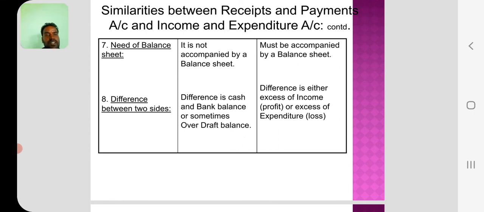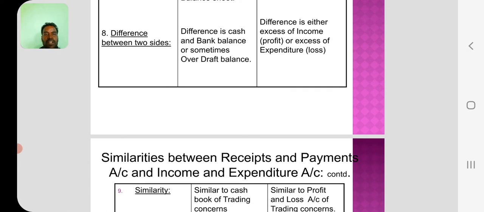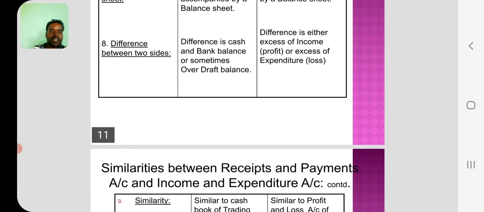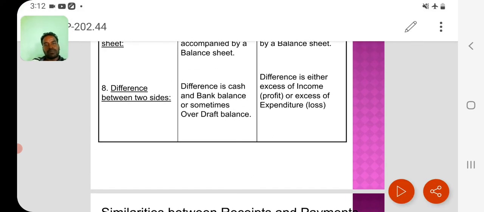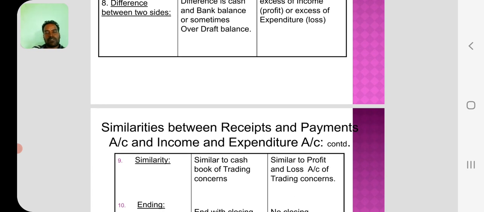But after preparing the income and expenditure account, it is compulsory to prepare the balance sheet. Difference between the two sides: in receipts and payments, the difference is the cash and bank balance or sometimes an overdraft balance. In income and expenditure, the difference is either an excess of income, profit, called surplus, or an excess of expenditure, called loss or deficit.